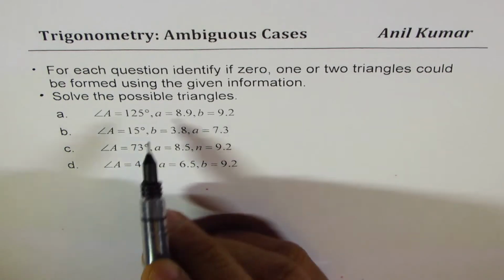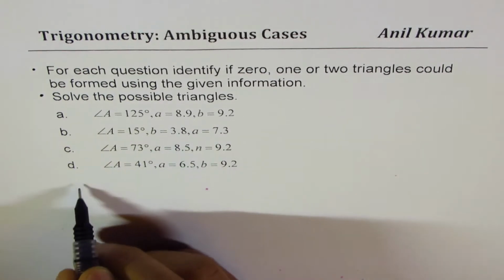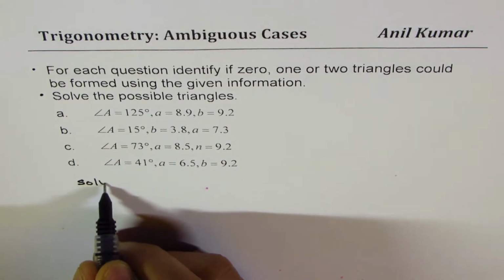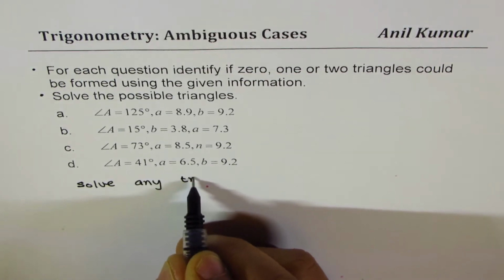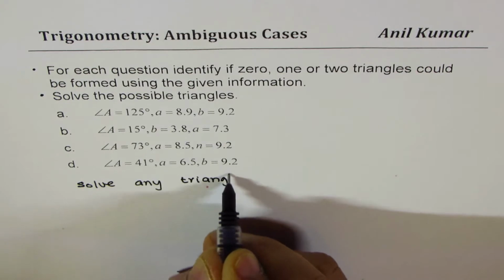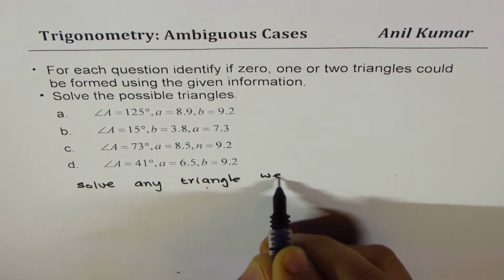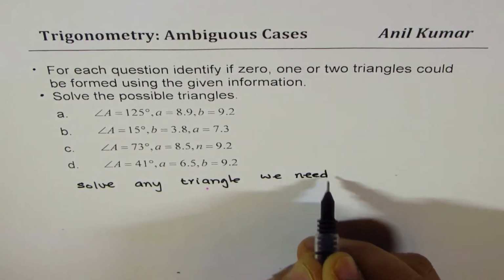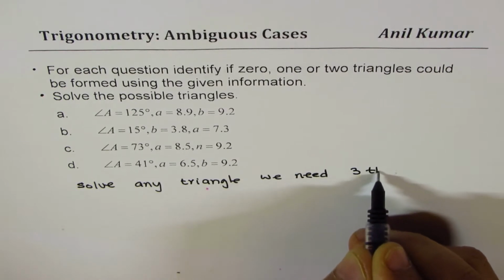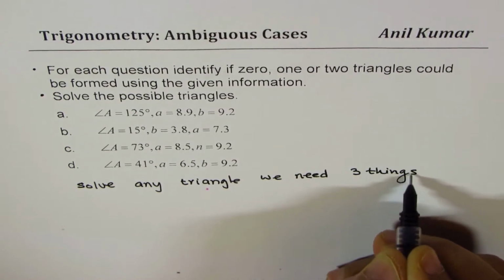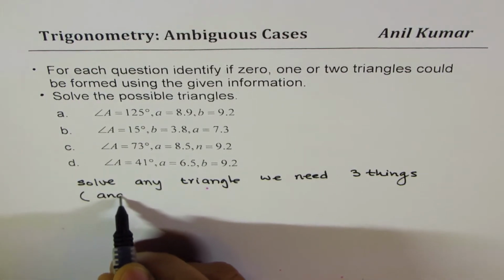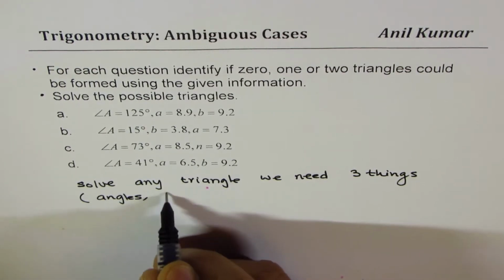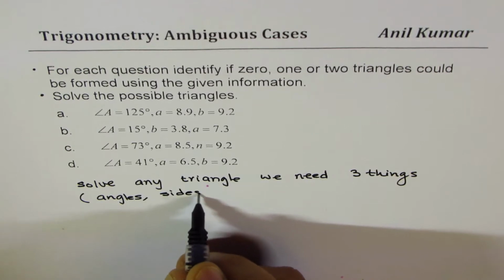Now the concept here is that to solve any triangle, what do we need? To solve any triangle, we need three things. Now these three things are normally a combination of angles and sides, right?